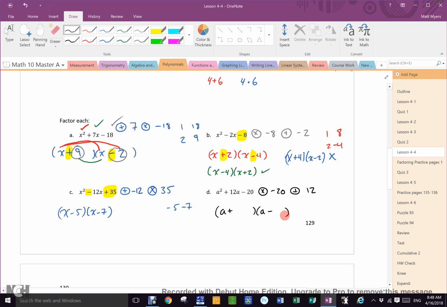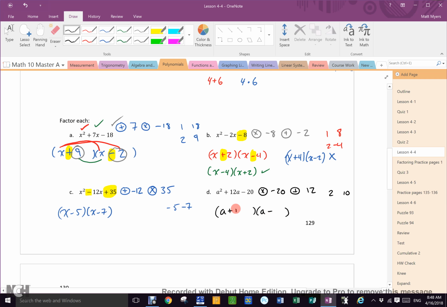Is it 1 and 20? No. Is it 2 and 10? Okay. Which one of those would be the positive one? You're hesitant to say 10 because you see that it's not going to work, don't you? Yes.